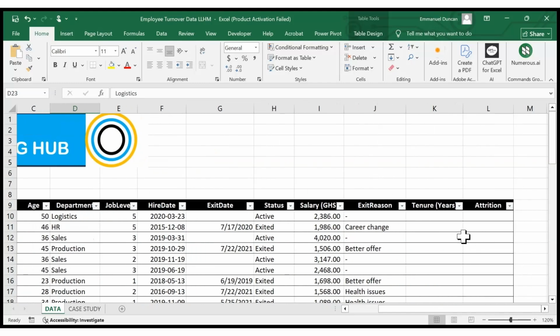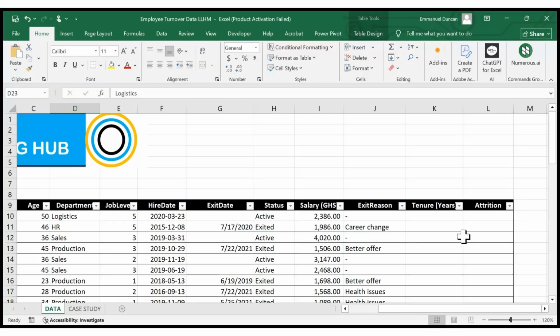We usually have these reasons during exit interviews, so these are the reasons that were given by the employees. We are going to calculate the number of years each employee has spent with the company.